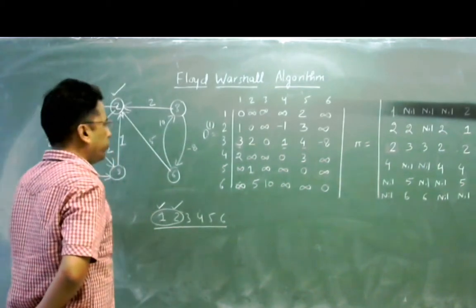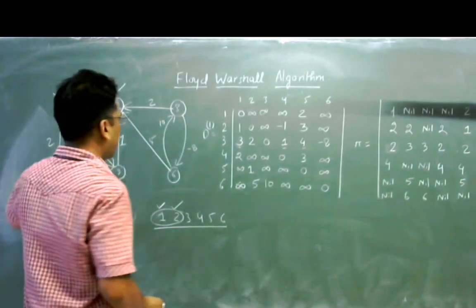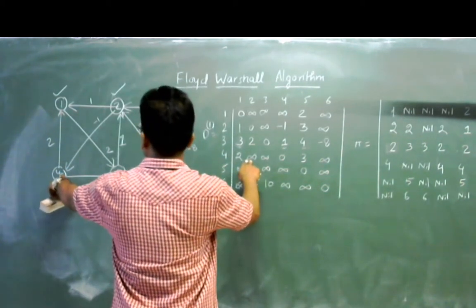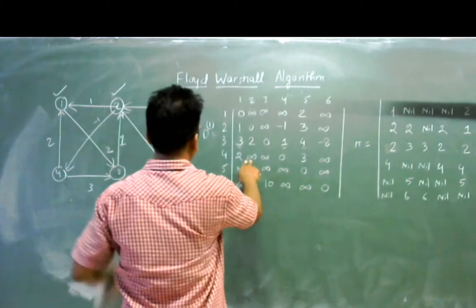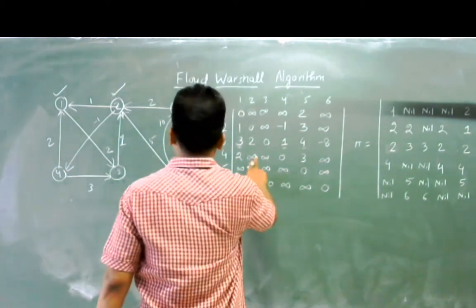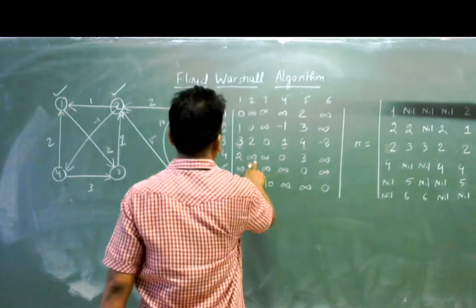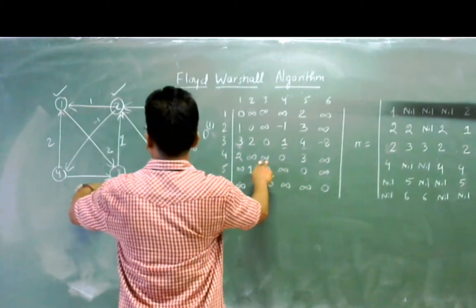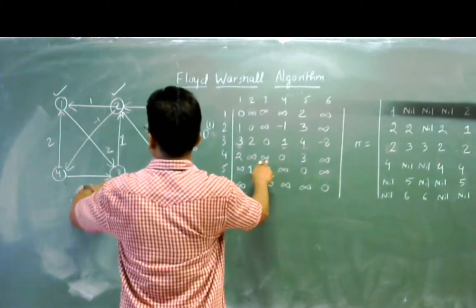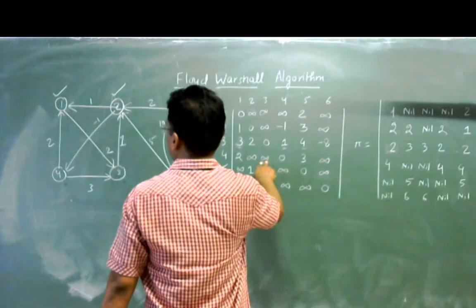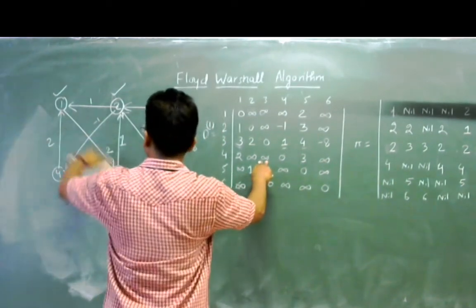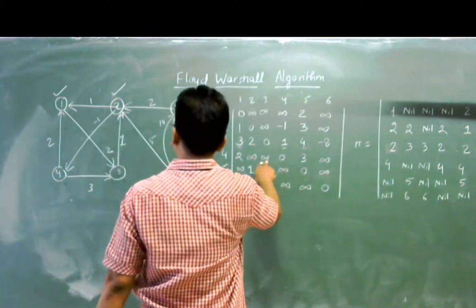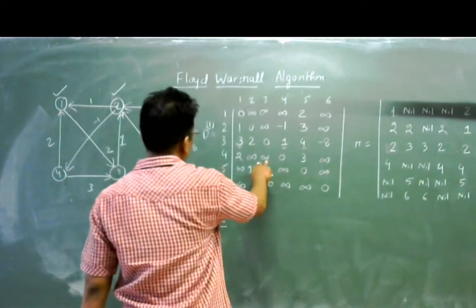Now for node number 4, through 4, 2 number node was not accessible, it is not still accessible, and through node number 3 there was no path from 4 to 3, and still there is no path to node number 3 because there are 2 outgoing paths, but through one it reaches up to the 5 and 5 is not free, so you will not get any path to node number 3.